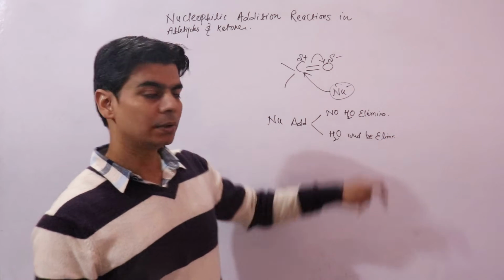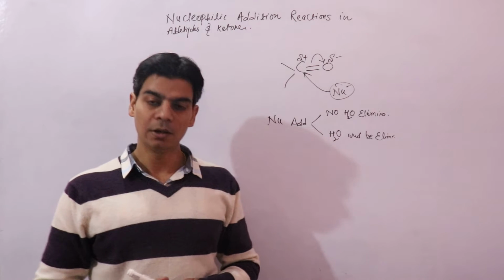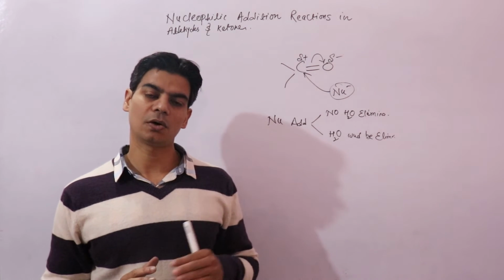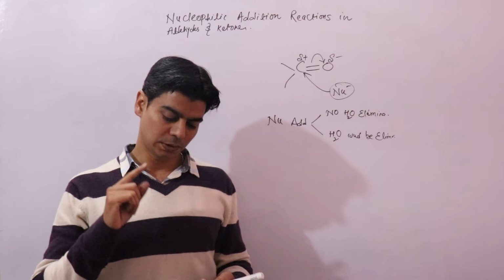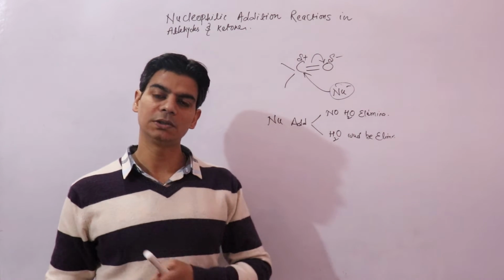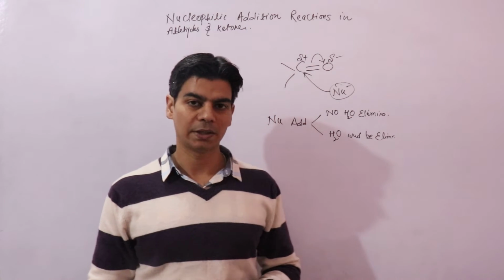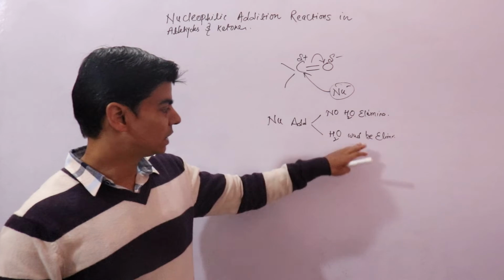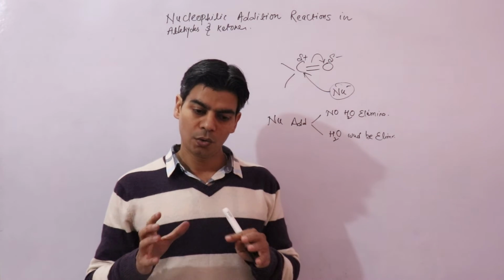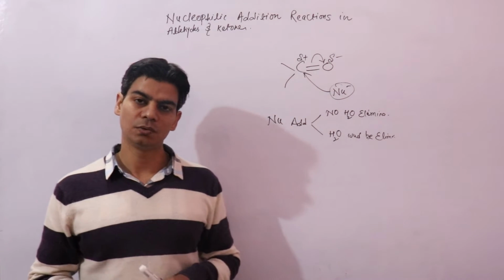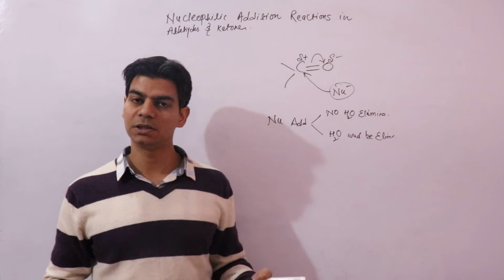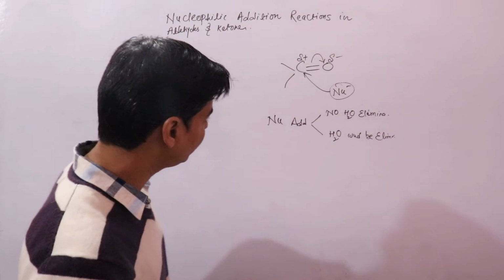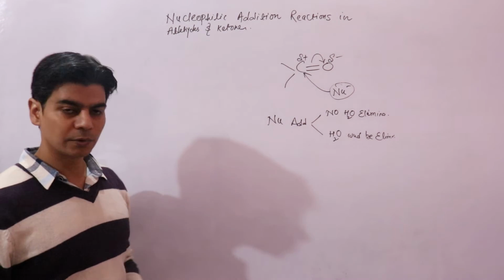In the first type, where water would not be eliminated, we will look at the reactions of aldehydes and ketones with sodium bisulfite, with Grignard reagent, with alcohols, and with hydrocyanic acid, HCN. In the second type, we will look into reactions of aldehydes and ketones with ammonia and its derivatives like hydroxylamine, hydrazine, phenylhydrazine. Right? So let's look at the first type of reaction.